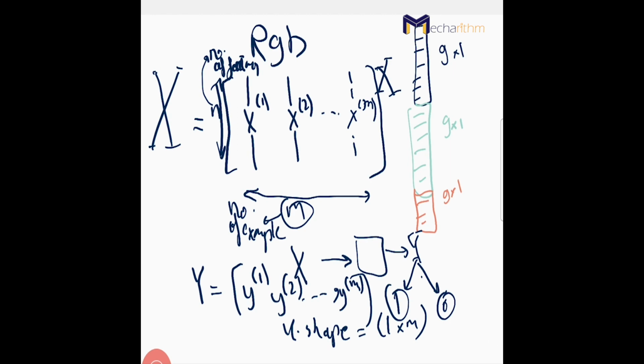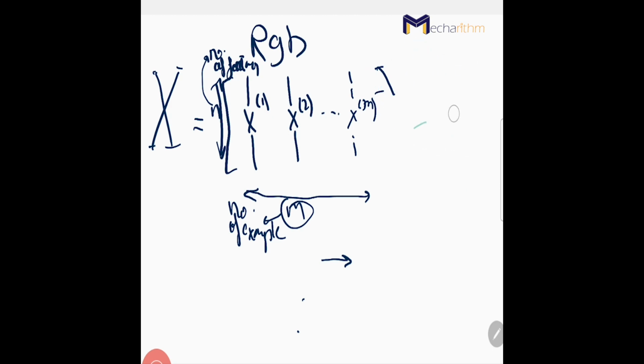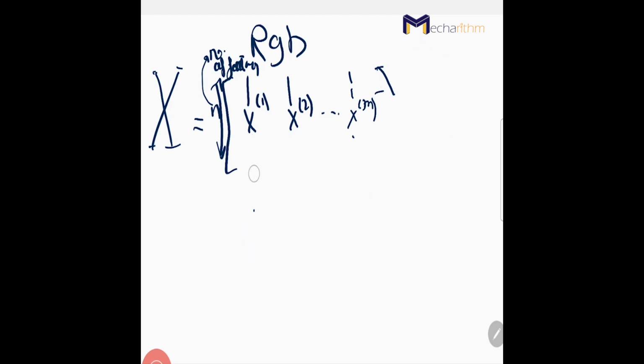So let's talk about the problem of logistic regression itself in terms of the algorithm that we're going to use. So the first step is to decide a suitable function that could map our input feature vector x to the output vector y. Since we now have an input matrix, I'm going to say the input matrix x instead of the input vector x.